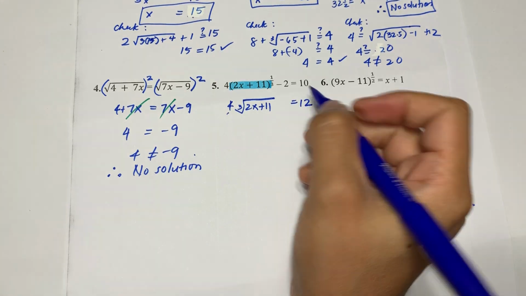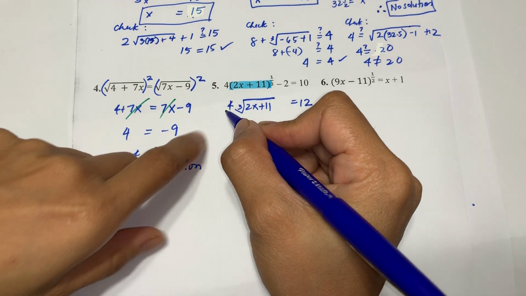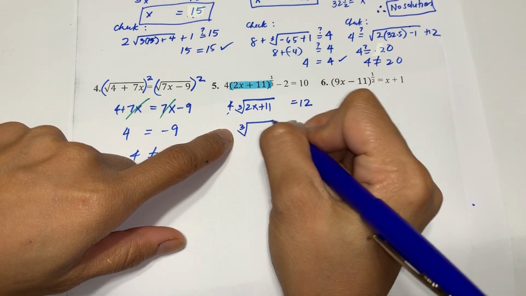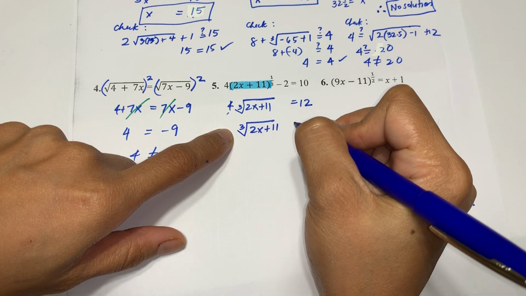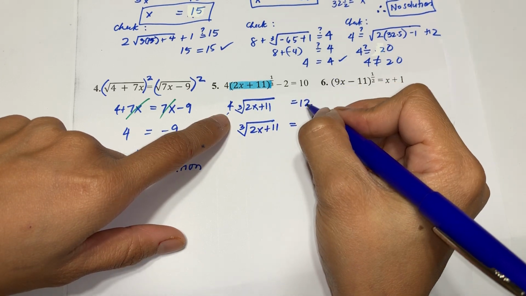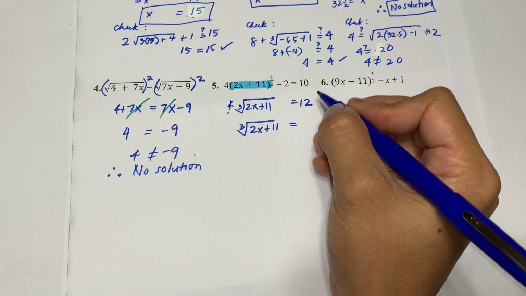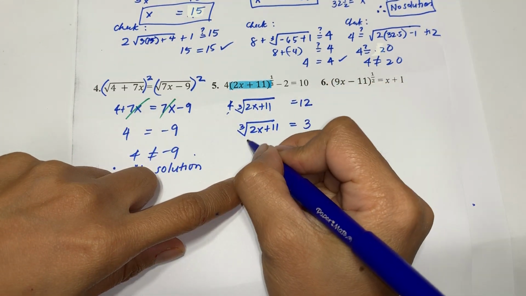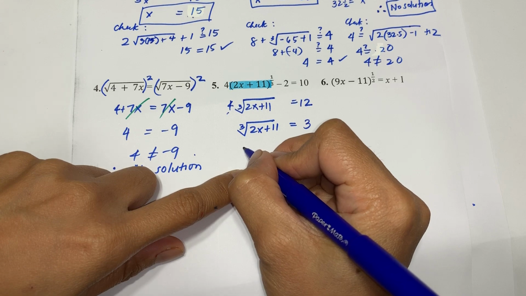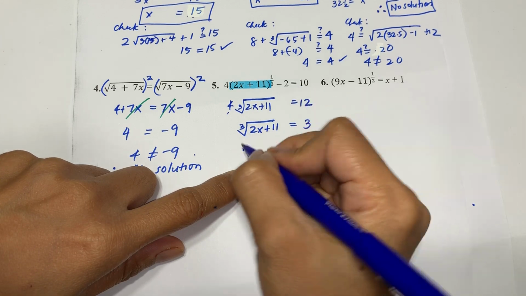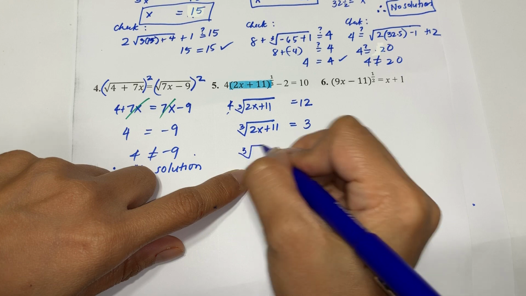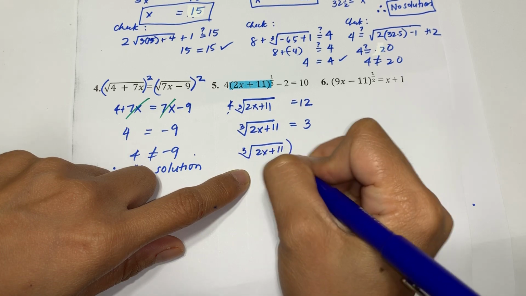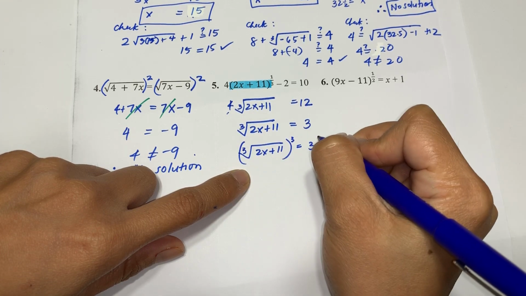Divide by 4. This is outside the radical. Divide by 4. So cube root of 2x plus 11 equals 12 divided by 4 is 3. Cube both sides. Okay, sorry, I'm gonna rewrite this. 2x plus 11 cubed equals 3 cubed.